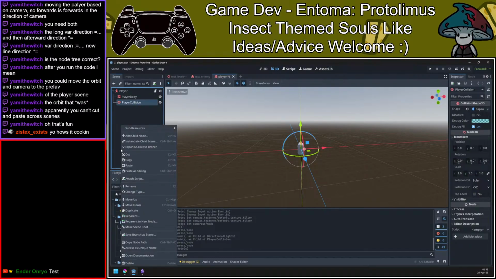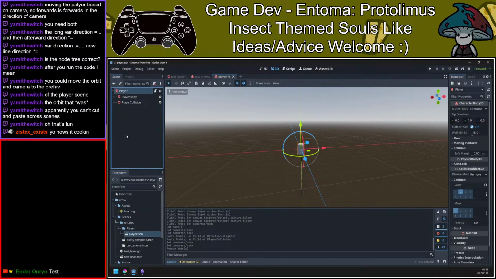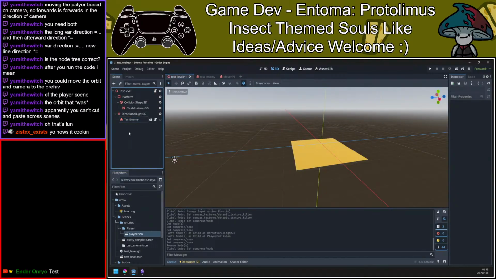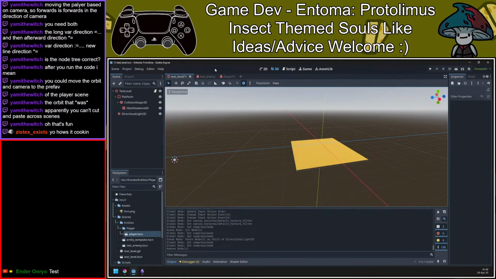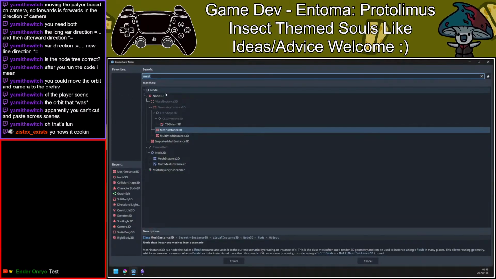Although I feel like if you right-click nothing, it should just auto-select the root. Huh. Okay. Well, fortunately, it was a minor mistake.